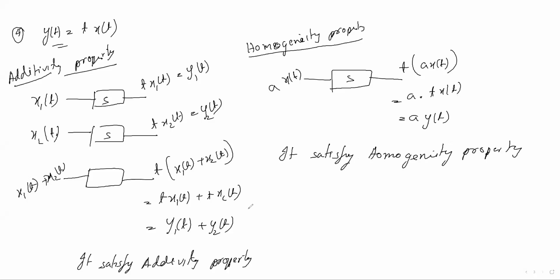Since both the properties are satisfied, the given system is a linear system. Is it clear? Please let me know when you finish. Any doubt till now?